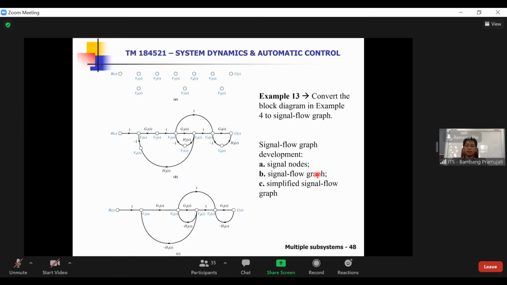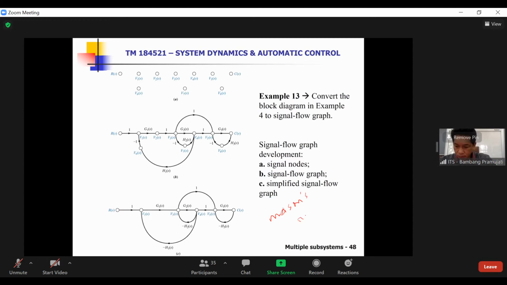Nah, namun di dalam cara menyederhanakannya agak berbeda. Ada namanya Mason Rule ya. Silakan Anda baca, Anda pelajari Mason Rule. Itu nanti kalau ada pertanyaan silakan disampaikan, minggu depan mungkin ya.